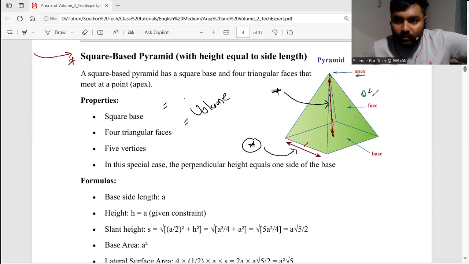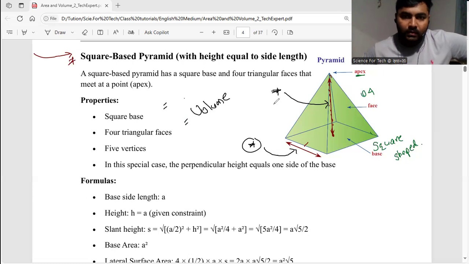Then there is a base, a square shaped base. Then the length of the square and the perpendicular height. These are all the properties of this one.